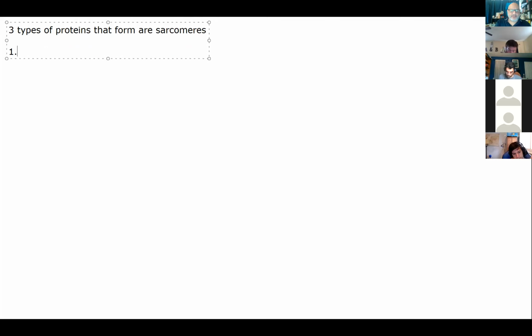The first of those categories are what we call our contractile proteins. And based on the name, what do you think our contractile proteins do? Contract. Yeah, exactly. Well, actually, they not just aid in it, but they're the ones that are actually responsible for it. These are the proteins that actually produce the contraction.